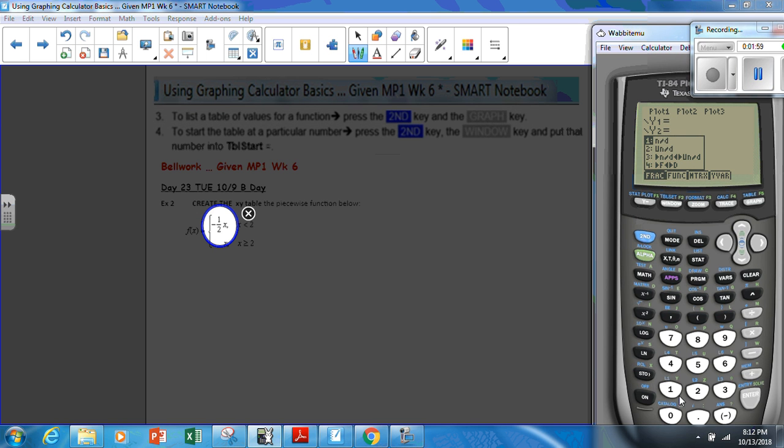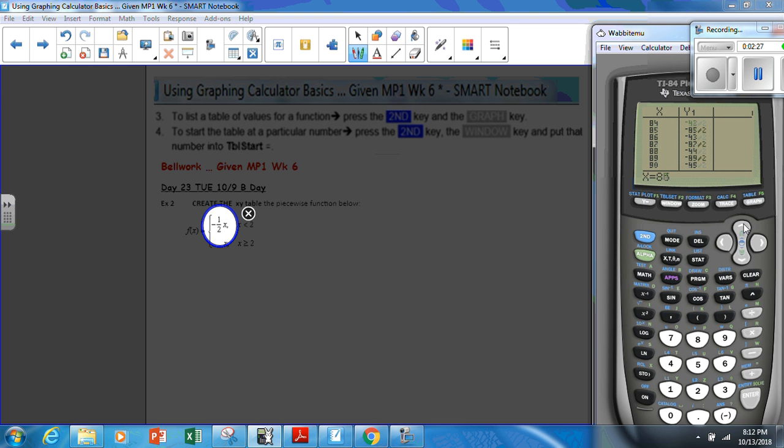Now, in order to get the table values, I'm just going to hit second graph. Let's do that. Second graph. All right. Easy peasy, I have an idea of what my chart looks like. And I can drag that over.